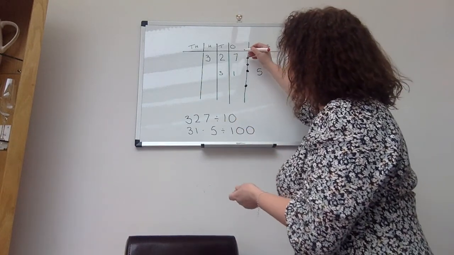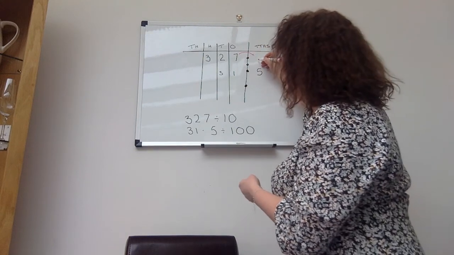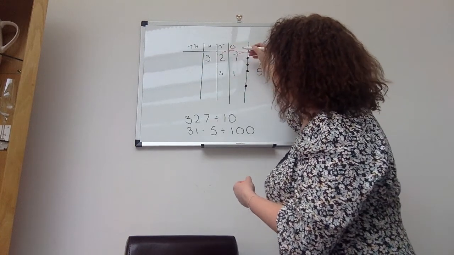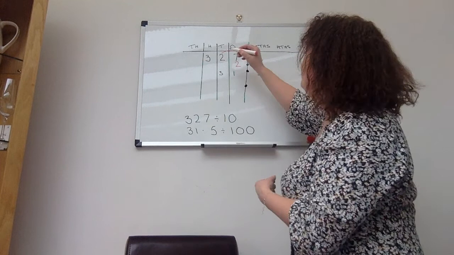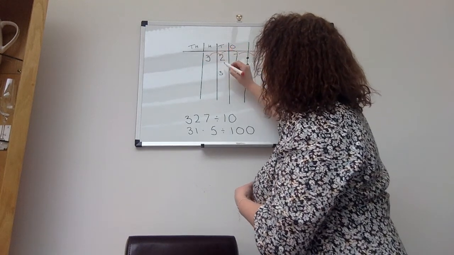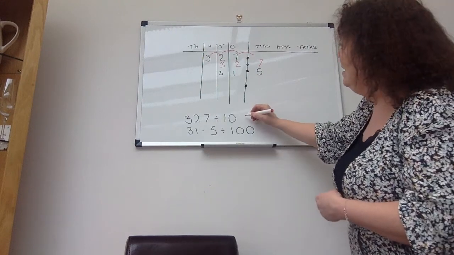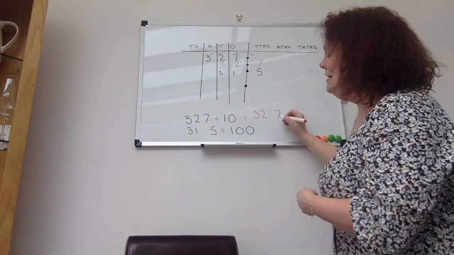So let's have a little look. If we move that 7 to the tenths, and then we move the 2 to the ones, and then we move the 3 to the tens, we have got our answer. We have got 32.7.